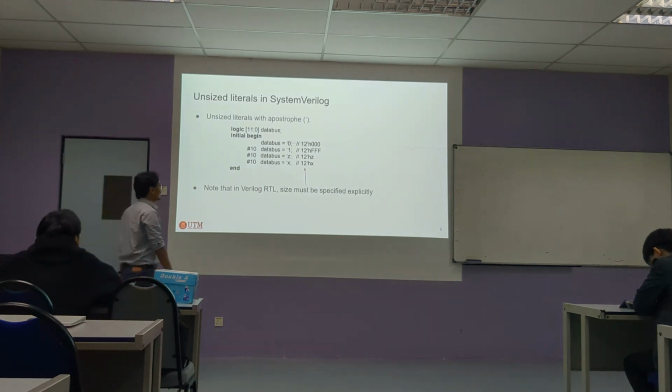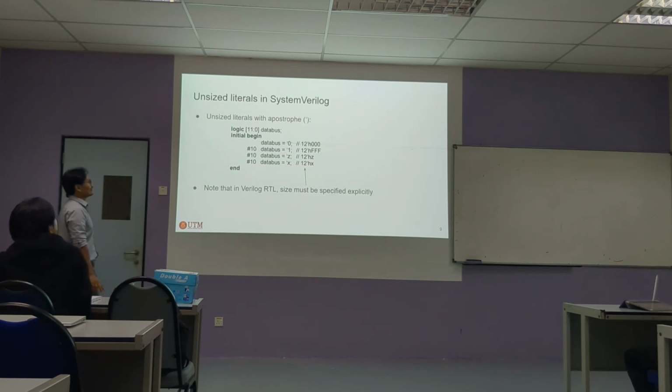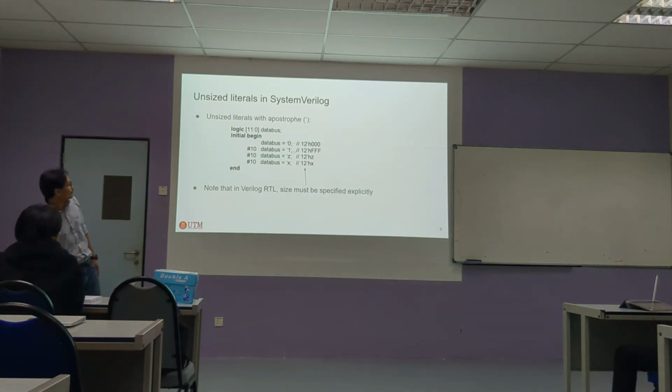Another interesting feature that is very useful in SystemVerilog is you can just use the apostrophe for unsized literals. So for example, we have a logic 12-bit data bus. Initial begin, data bus equals apostrophe 0.